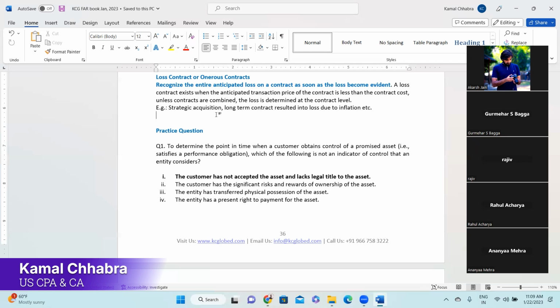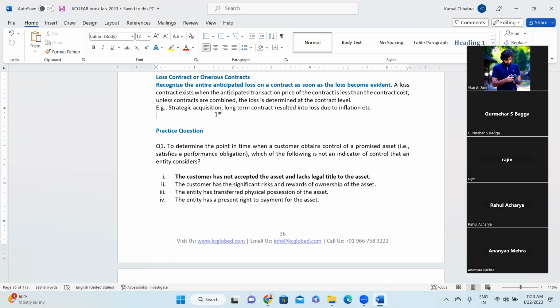Yeah. So, for example, back in 2002, PwC India acquired the Maruti audit engagement at a 60% loss.